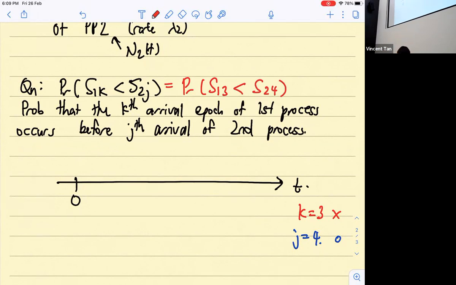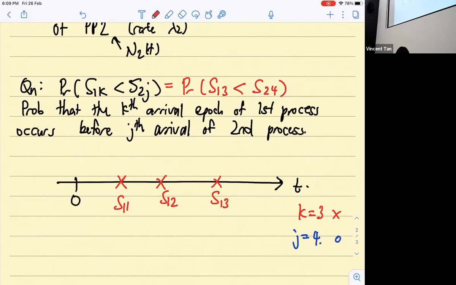Think about it. Okay, so what we have here is, let us indicate these are the arrivals S11, S12, S13. It must occur, all right, if you look at this, S13, which is this guy here, must occur before the fourth arrival of the second process.